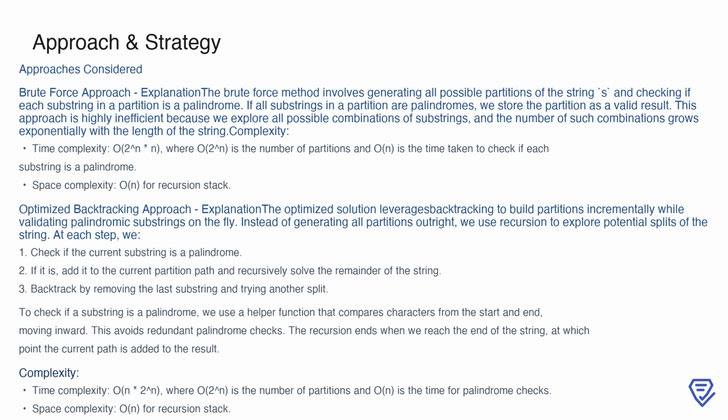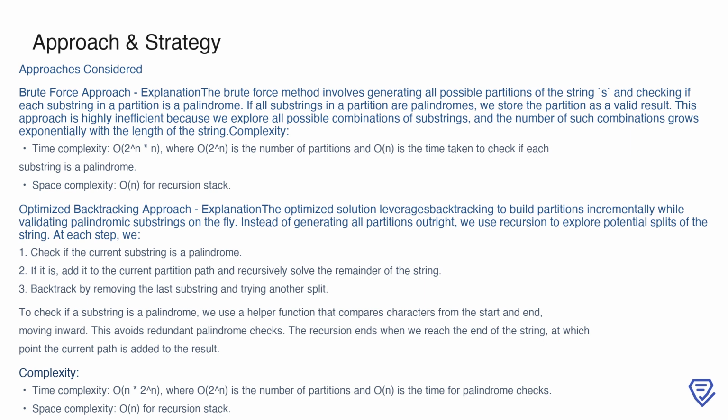To improve upon this, we turn to an optimized backtracking approach. Here, instead of generating all partitions upfront, we incrementally build partitions while validating palindromes as we go. We use recursion to explore potential splits of the string. If the current substring is a palindrome, we add it to our partition path and recursively solve the remainder of the string.